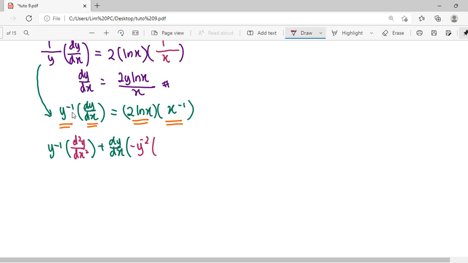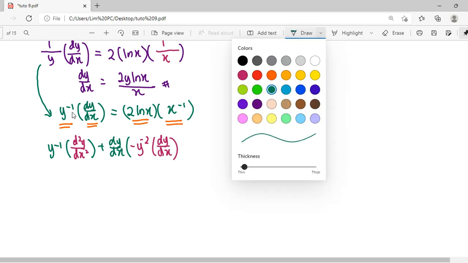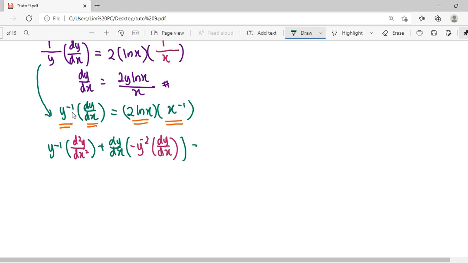You have to multiply with dy dx. Okay, power turun ke depan, power tolak 1, disebabkan y, implicitly factor dy dx kena buat.